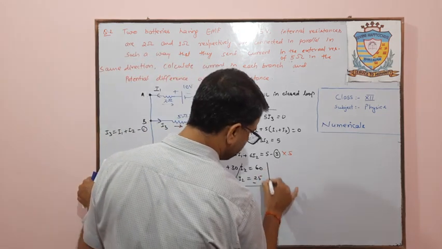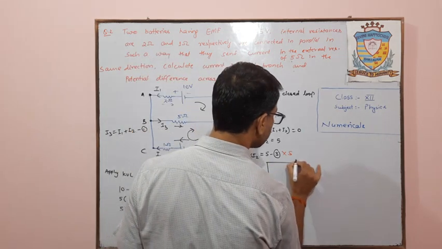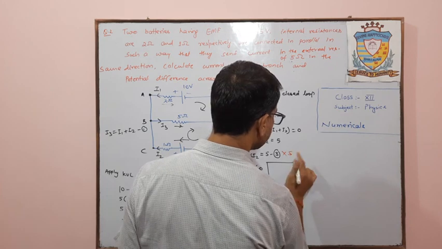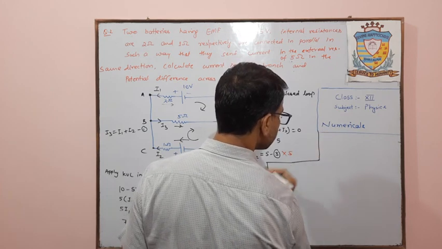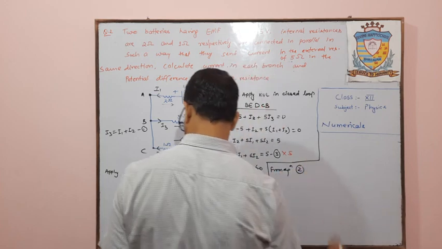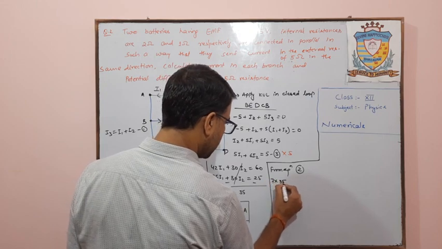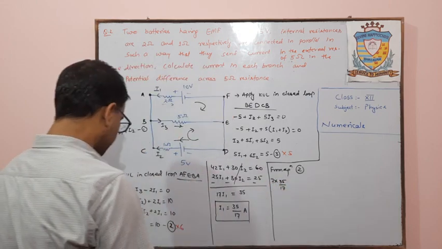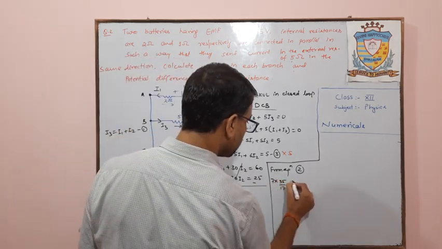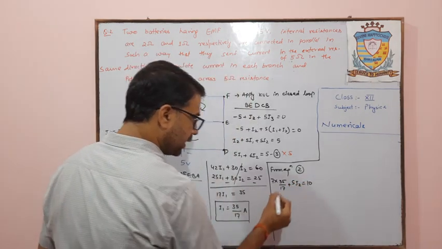Now from equation 2, 7I1, so 7 into 35 by 17 plus 5I2 is equal to 10. We'll take 5 as common.